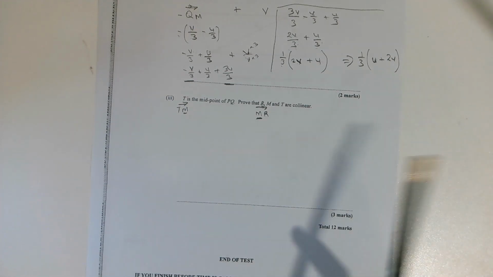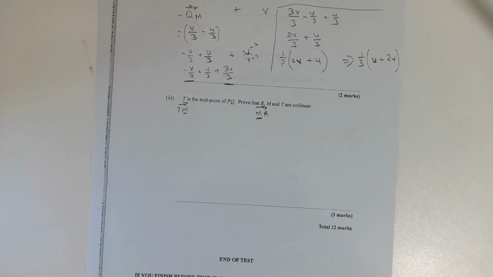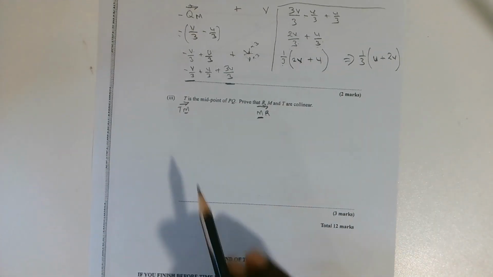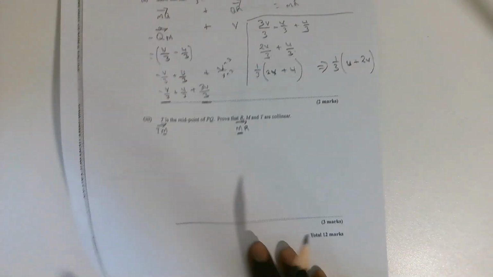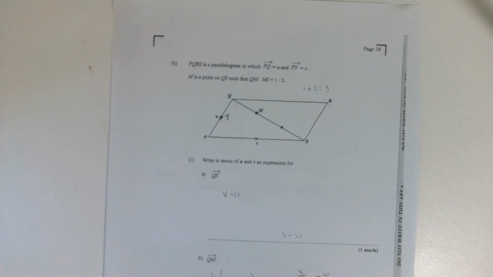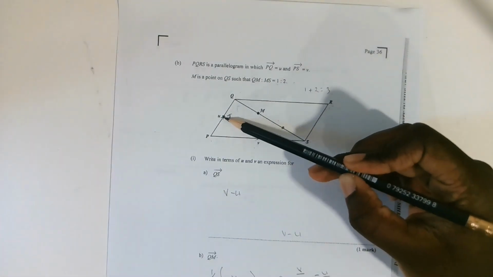I have M common in both of these, and that is an important factor to ensure that my points are all on the same line. Any two vectors you can use, but we have to ensure that our vectors cross the same point.